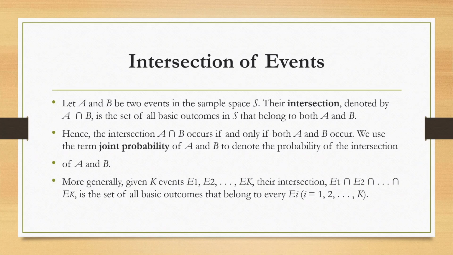We use the term joint probability of A and B to denote the probability of intersection of A and B.